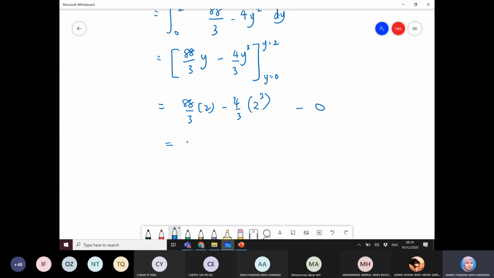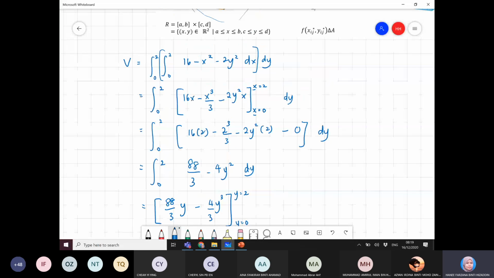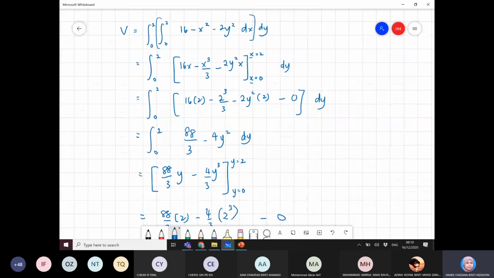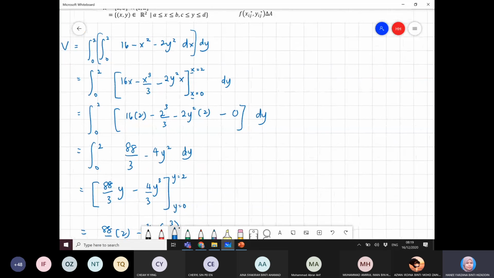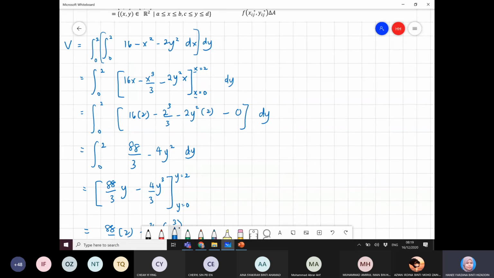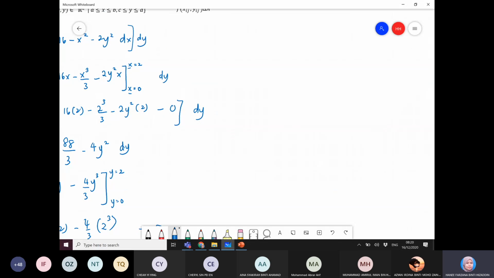You get 48. Okay, so this is when you do the integration with respect to x first and then only with respect to y. So you can do the same for integrating with respect to y first, then only with respect to x. So let's do that.